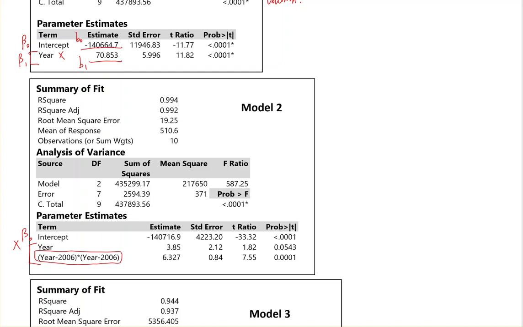So what is this? It doesn't matter whether you use R, JMP, or SAS, the system will create a kind of strange output with this kind of name. It's actually X bar, so you don't need to worry about the name of it. Here it just tells you this is year minus X bar times year minus X bar.